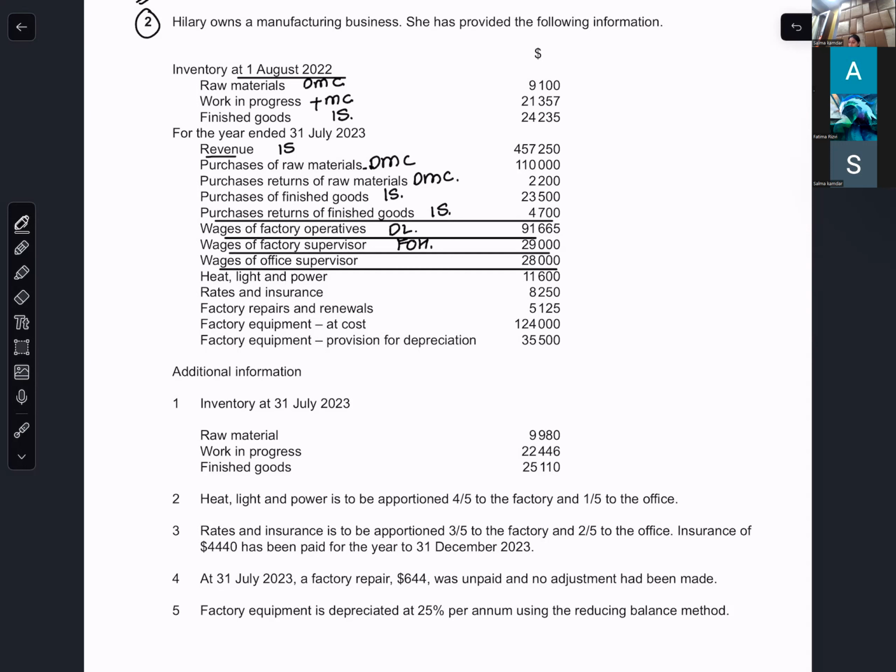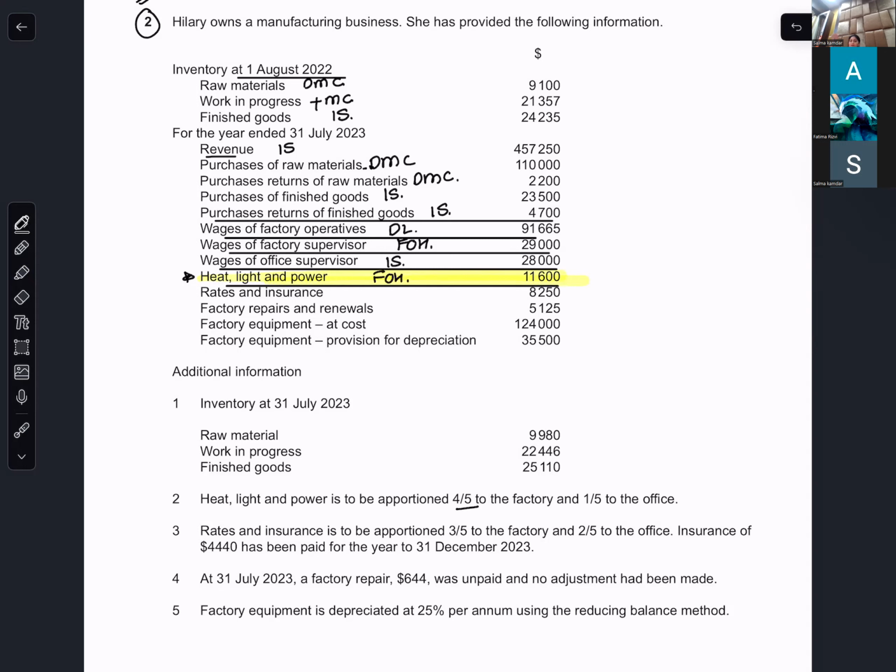Wages of office supervisor comes in the income statement. Heat, light, and power: 4/5 is factory and 1/5 is office. So factory overheads and income statement expenses.